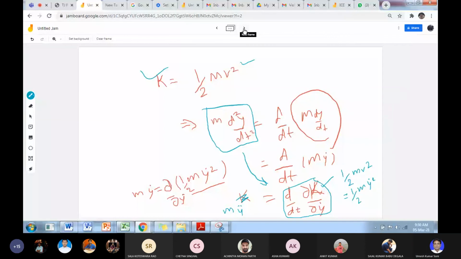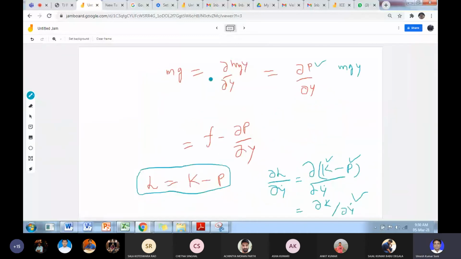So now this term has been defined in terms of kinetic energy, and again you have mg. Then mg can be defined in terms of the derivative of potential energy with respect to the variable. This is height, or you can say angular position. So this is the joint variable.